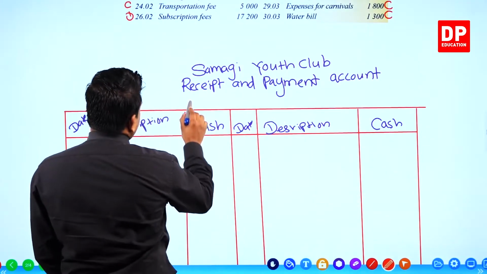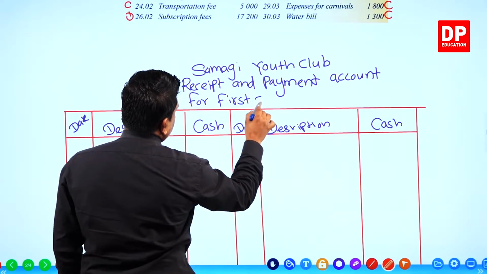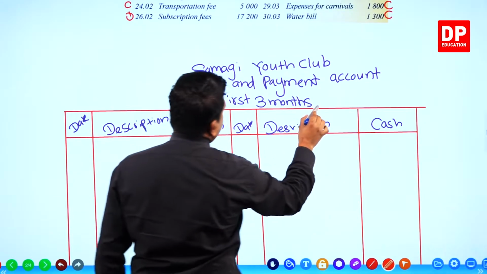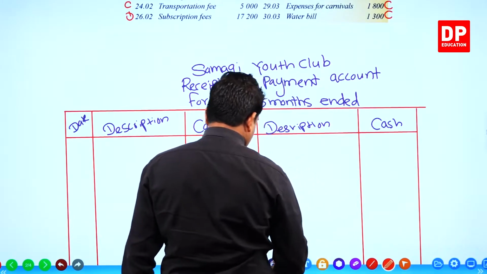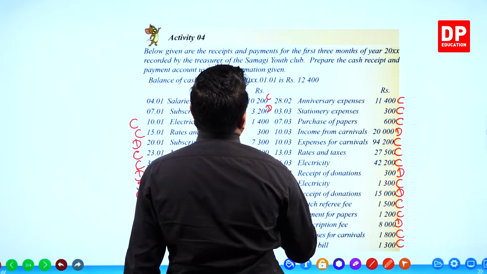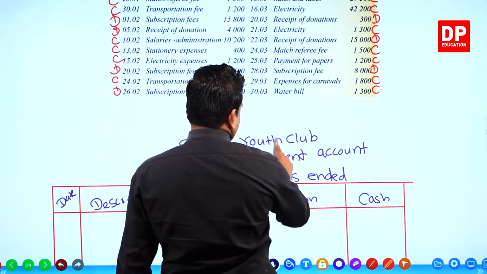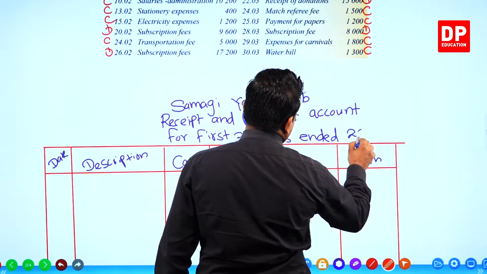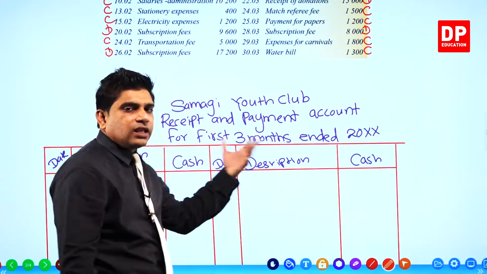For 3 months ended. For first 3 months ended. When? They have not given the date, so 20, any year you can put here, right? Two crosses indicate any year.